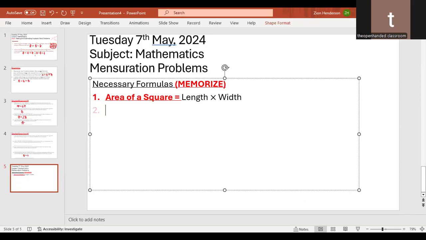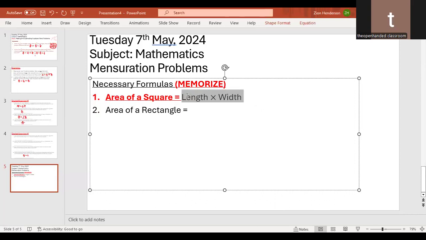All right, the next one that we learned yesterday is the area of a rectangle. What's the area of a rectangle going to be equal to? Length times width as well.